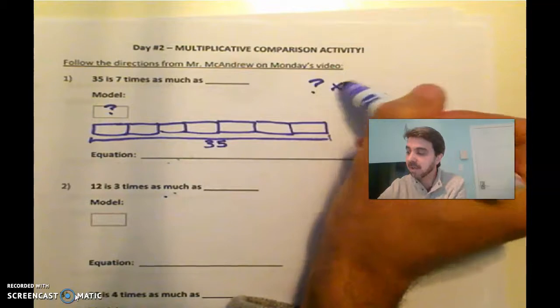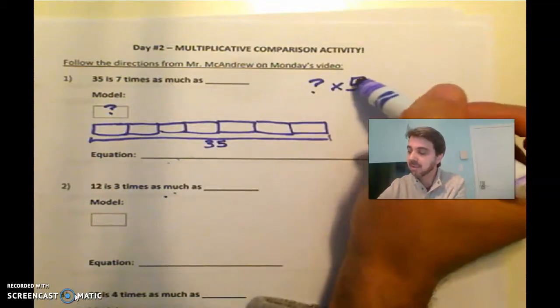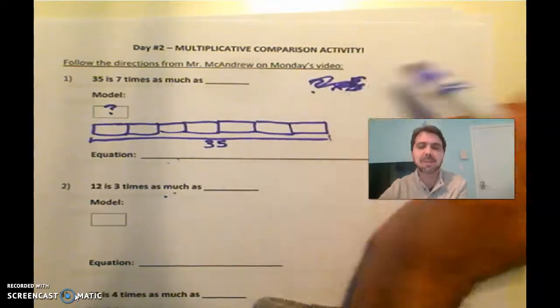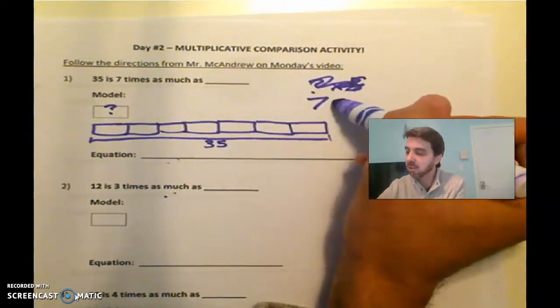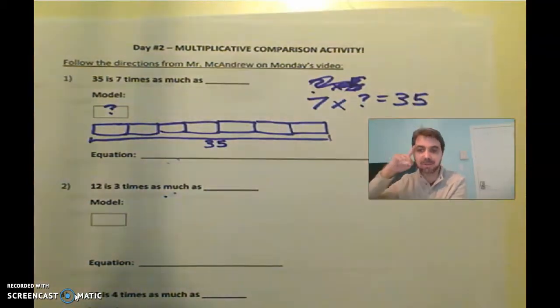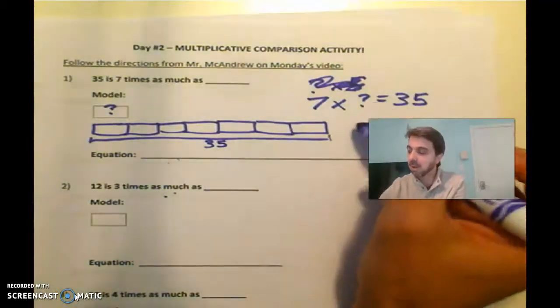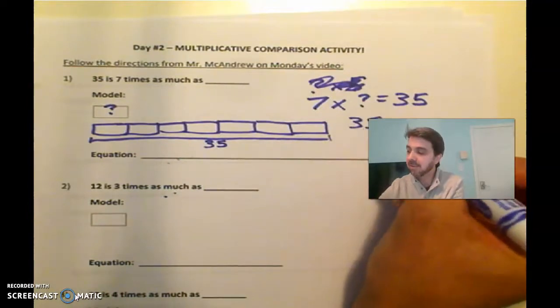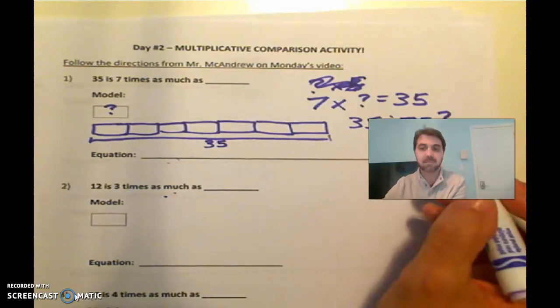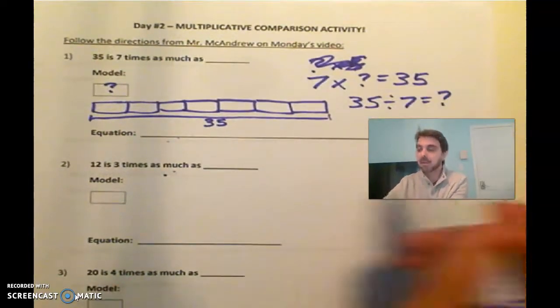Something times 5, not 5, sorry. Let me try this again. 7 groups of what is going to give me 35? My brain was already going to the answer. Or we could say 35 divided by 7 equals what we're looking for. Okay?